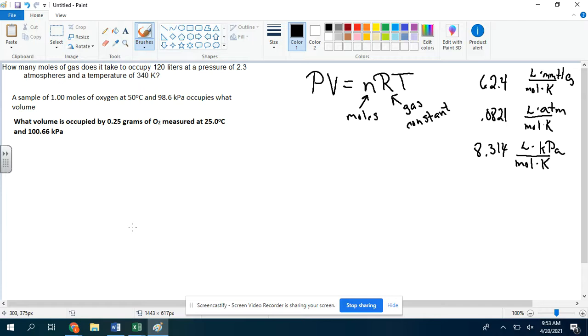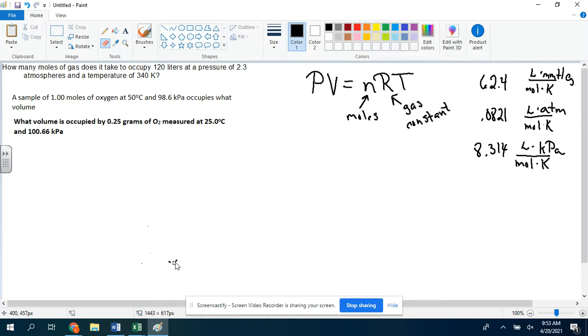Let's just say they gave you 200 milliliters. And you know that when you use the ideal gas law, it needs to be in liters. It's very simple. If it's in milliliters, to put it in liters, you simply go 1, 2, 3. You move that decimal 3 places to the left, and that would be 0.2 liters. It's an easy fix, but just make sure that you have it in liters for all of your problems. If they give it to you in milliliters, you have to convert it.